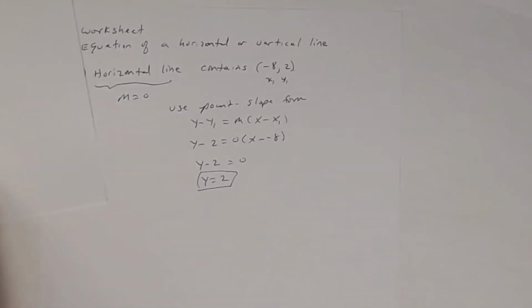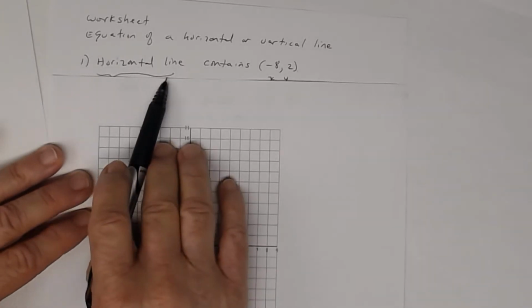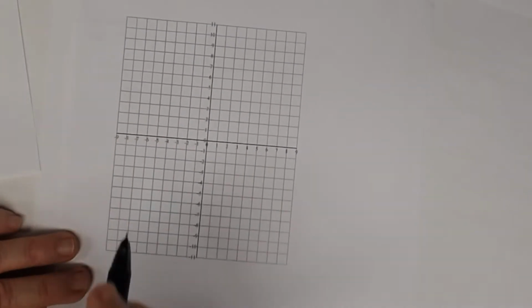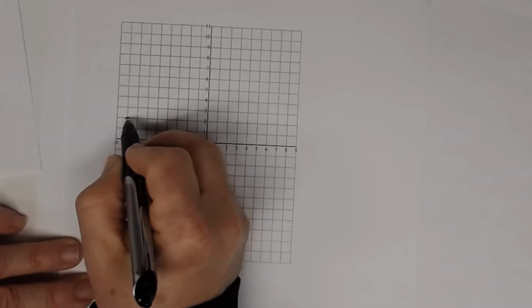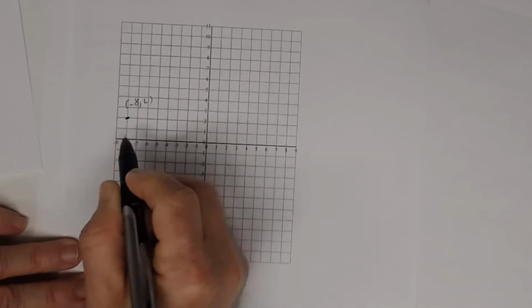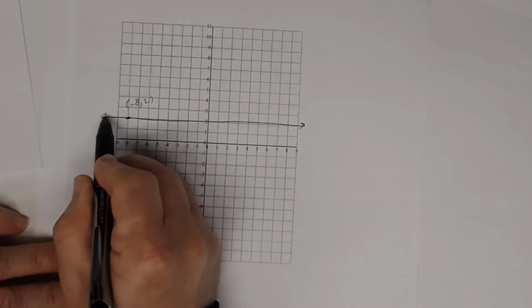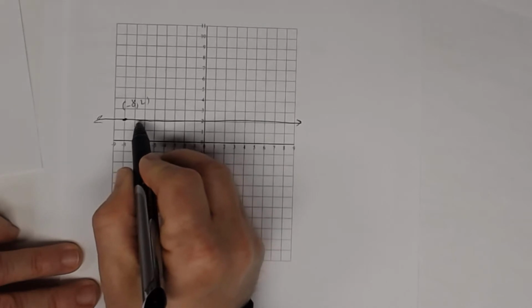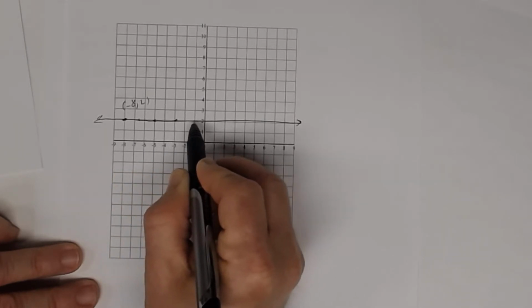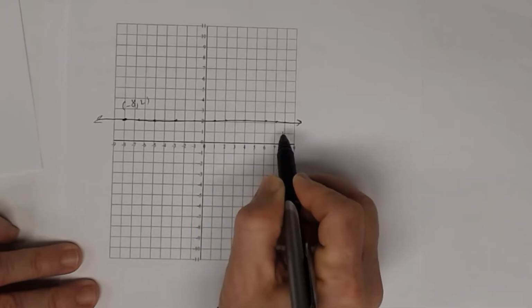But the other way you could think about it is this way. Without having to do all this, you could say, I have a horizontal line that contains the point (-8, 2). So plot the point (-8, 2), right here, and draw the horizontal line through this point. There's something special about this horizontal line: no matter what point I look at, the y coordinate of every point is the same.